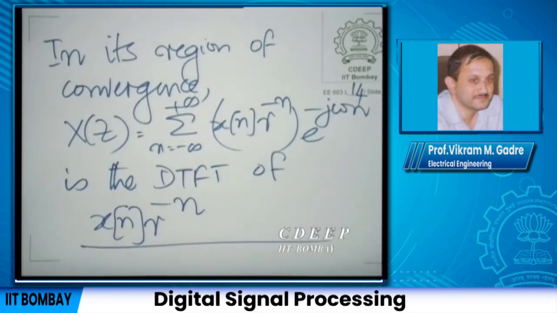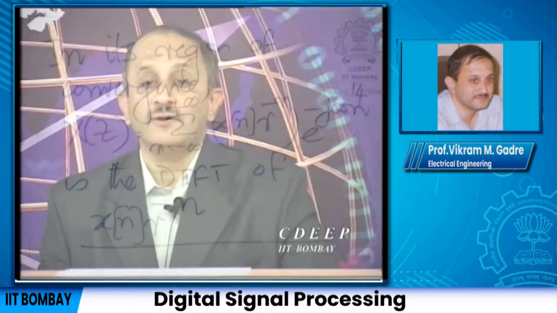So, in fact, it is the discrete time Fourier transform, or in other words, it indicates the frequency content in a suitably weighted sequence, x[n] weighted by an exponential. The exponential should be quick enough to capture the growth of x[n], so that this discrete time Fourier transform converges.